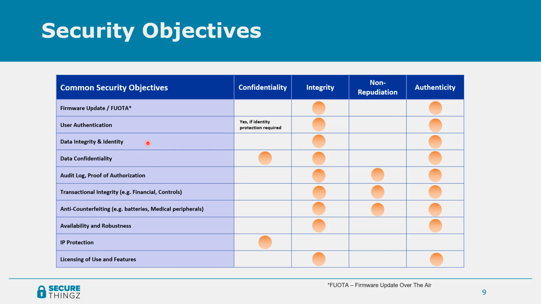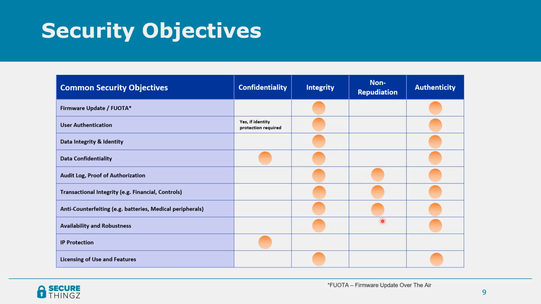Data integrity and identity. Of course, integrity is important there, and authenticity. Data confidentiality. This is where encryption comes into play, and the data is encrypted, so cannot be seen by unauthorized users. Again, you need integrity, so you need to be able to check that the data is correct once received, and of course you need to be able to prove yourself.